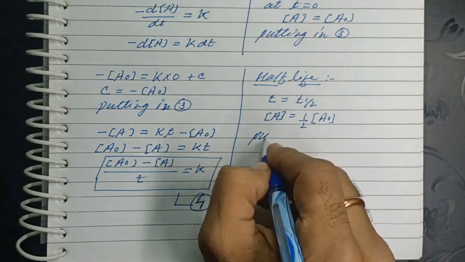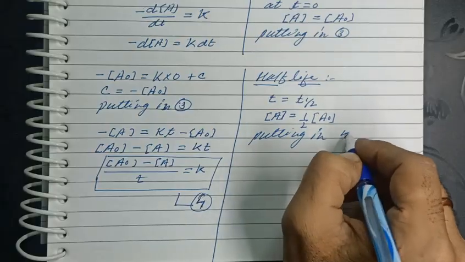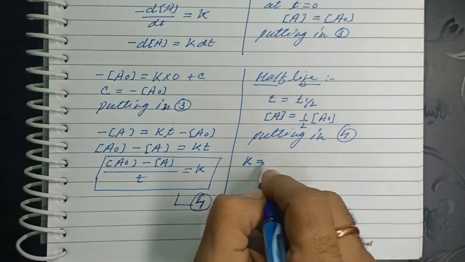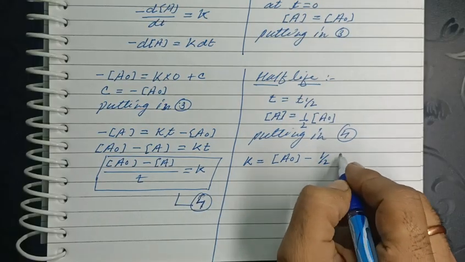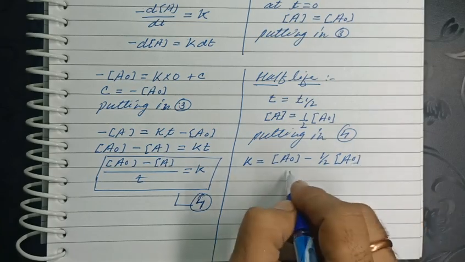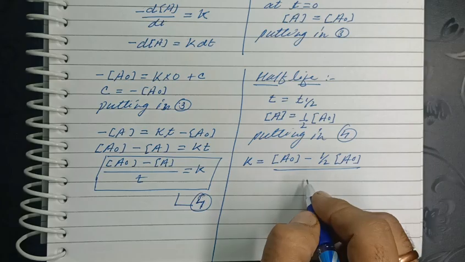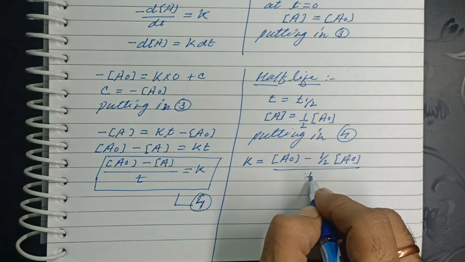Putting in fourth, K is equal to A0 minus 1 by 2 A0 upon T half.